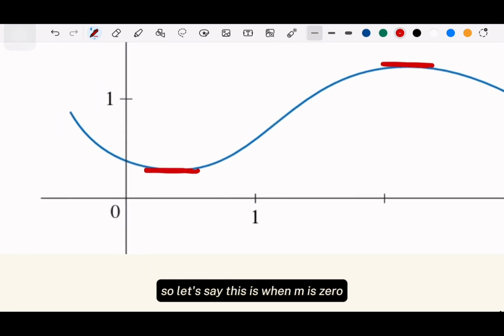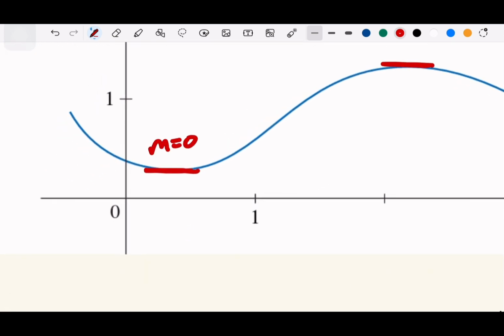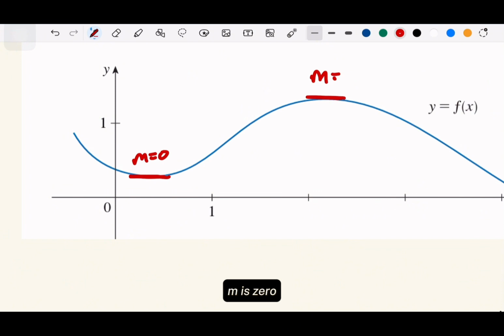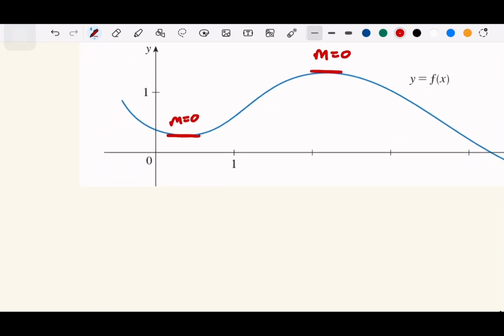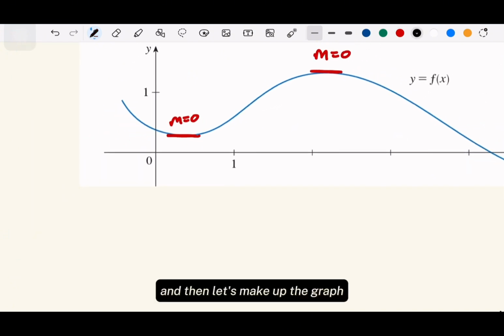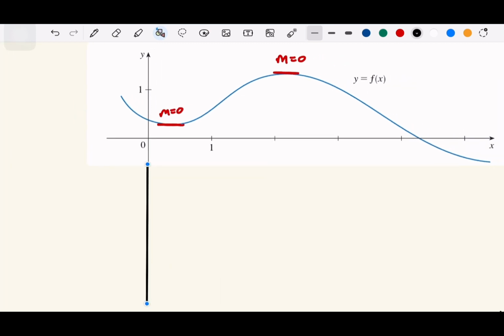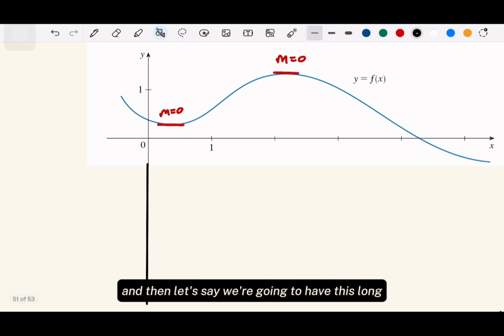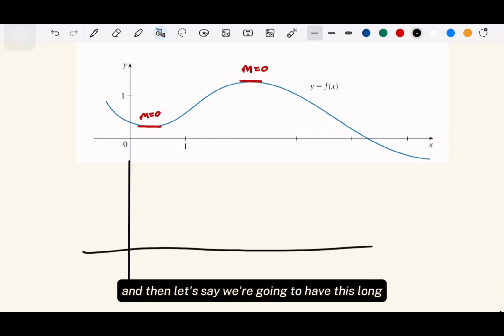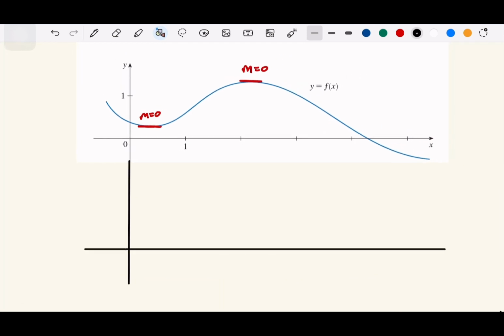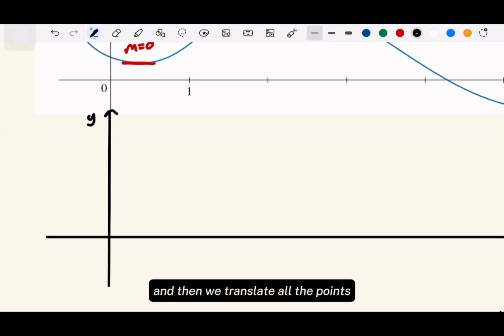So let's say this is when m is 0. And then let's make up the graph from there. And then let's say we're going to have this long, and then we translate all the points.